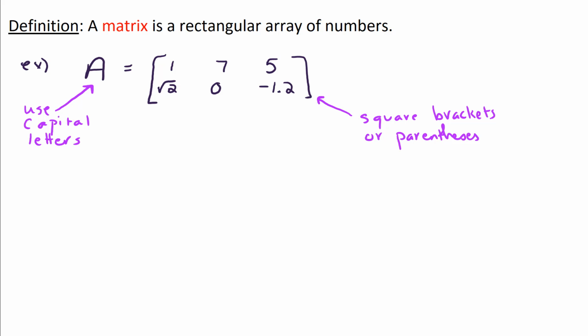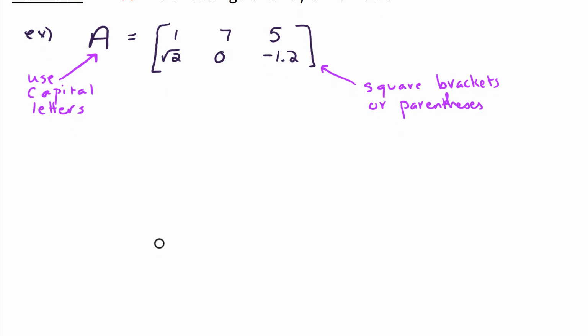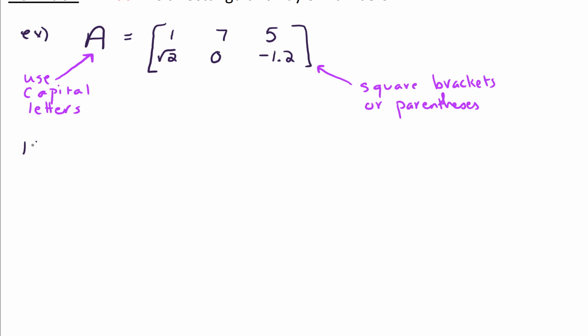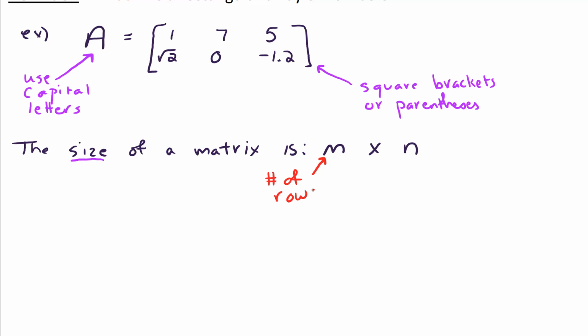Now the size, let me move this up a little bit. The size of a matrix is given by M by N. Okay, so we're talking about the size, and the M refers to the number of rows, and the N refers to the number of columns.